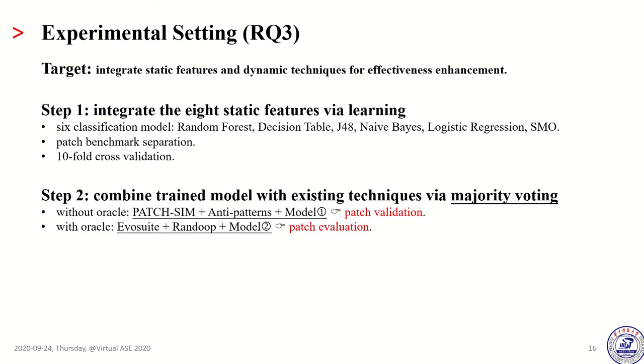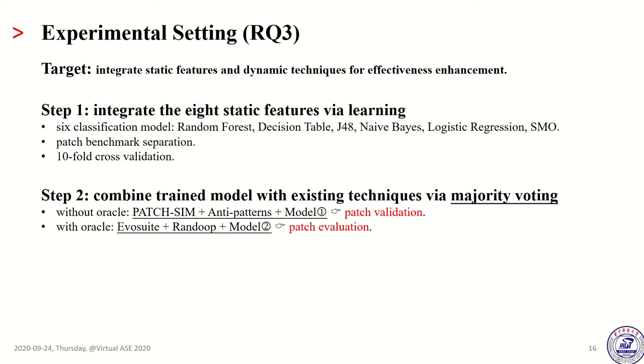Then we combine the trained model with existing techniques via majority voting. We select the 2 most effective techniques plus the model with optimum performance. A patch is considered overfitting if it has been labeled as overfitting by at least 2 out of our considered techniques.